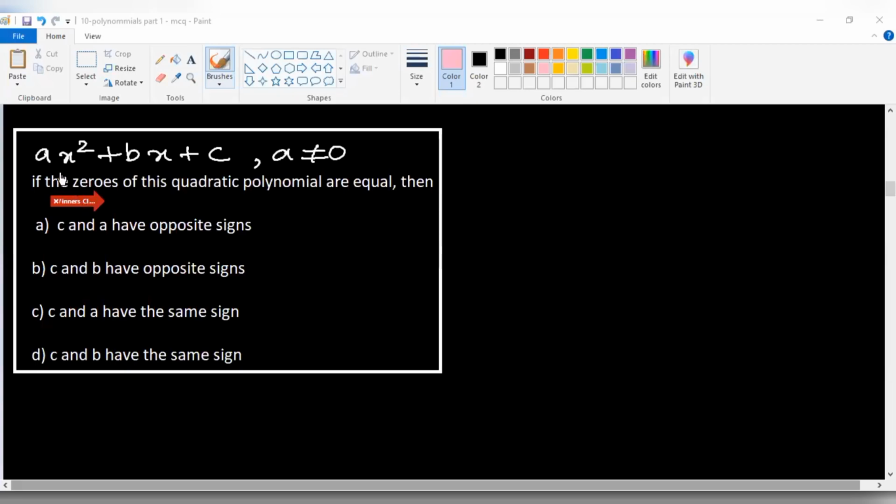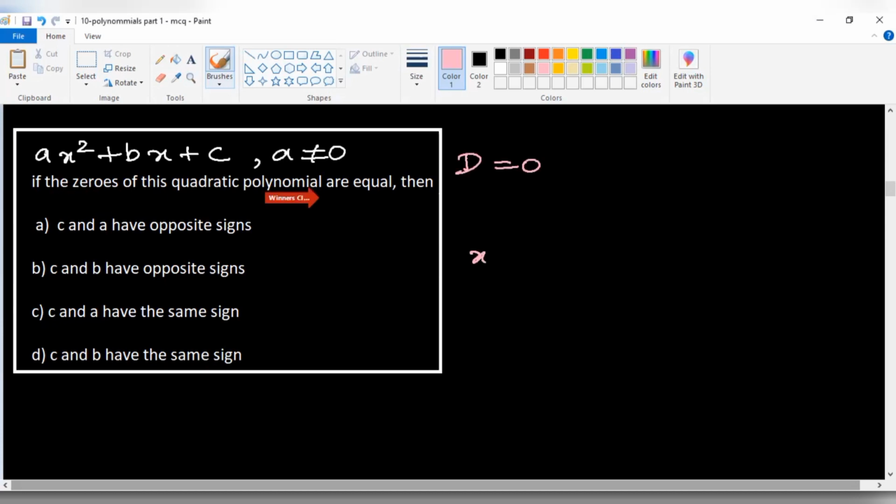This is the next one. Ax square plus bx plus c, where a is not equal to 0. If the zeros of this quadratic polynomial are equal, then what is the relation between a, b, and c? So zeros are equal means what? Discriminant is equal to 0.